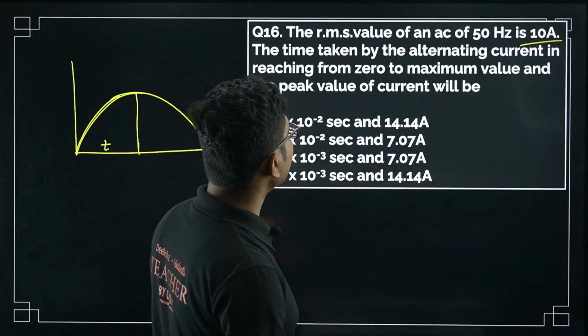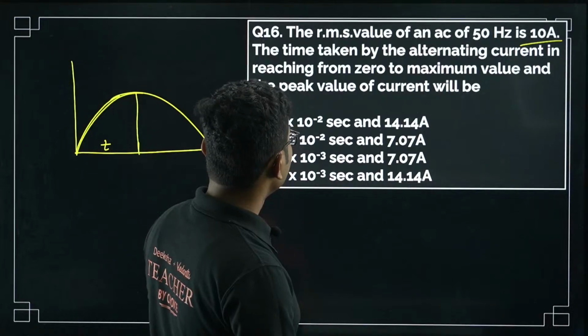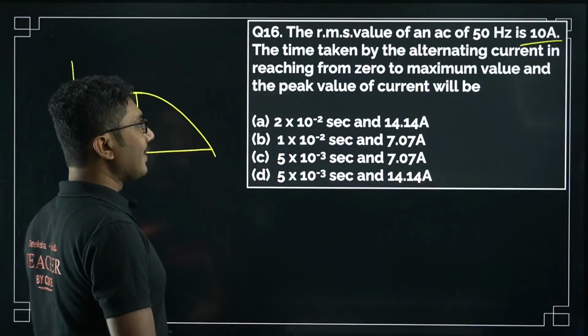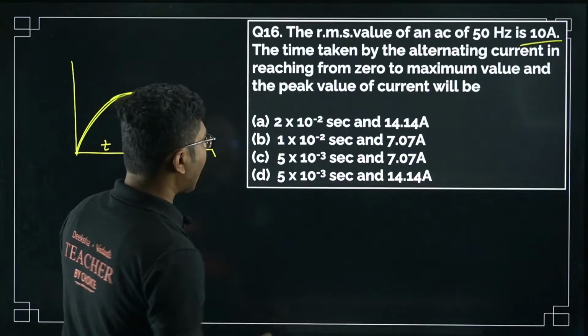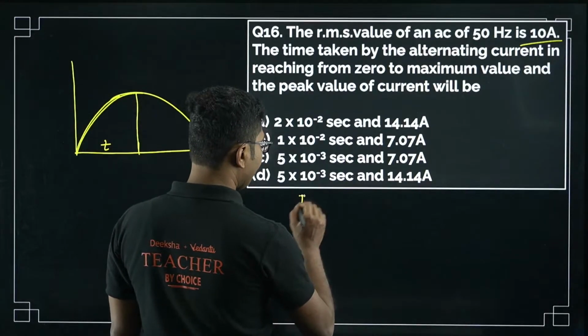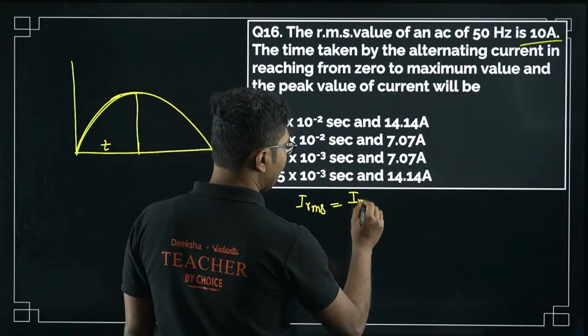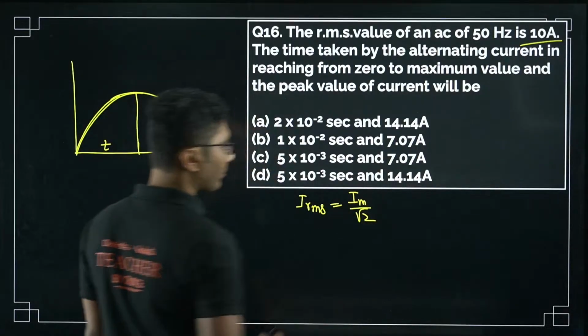You have to find the peak value, which is easy to find. IRMS is the maximum peak value divided by root 2, right?